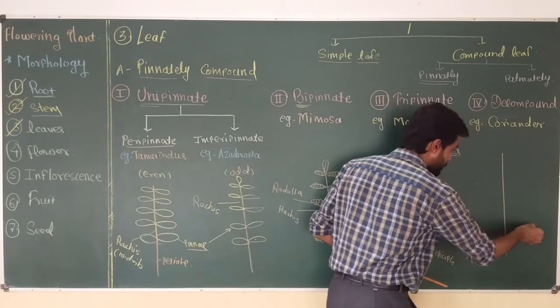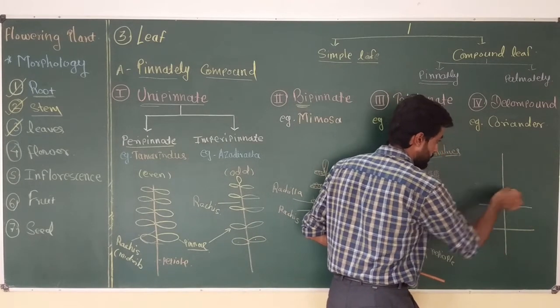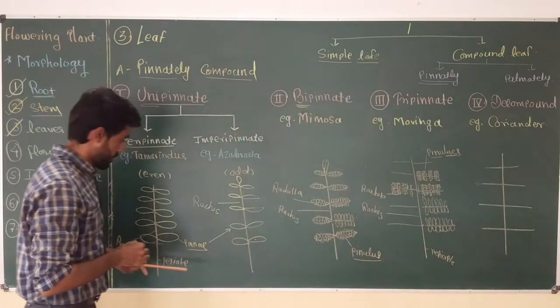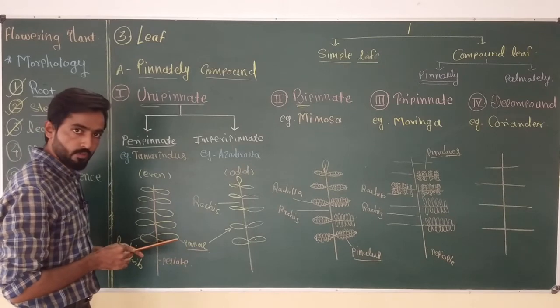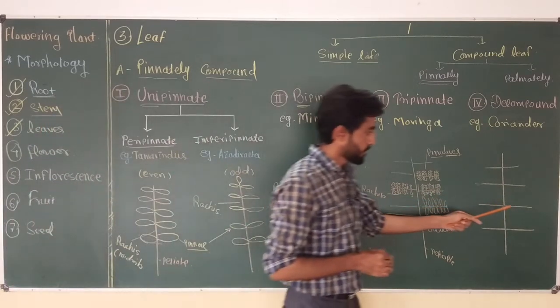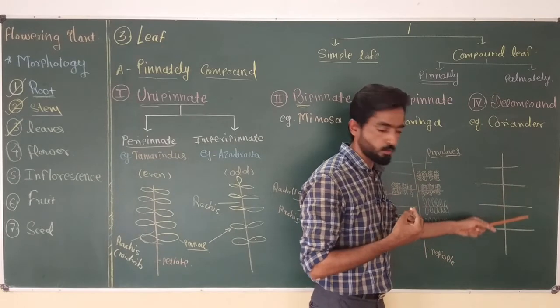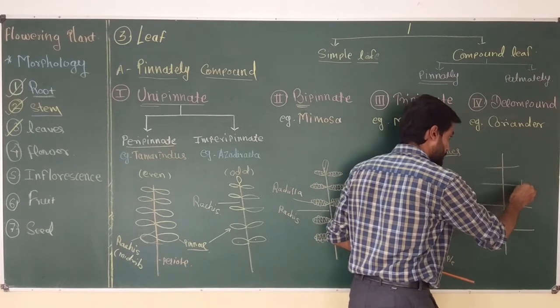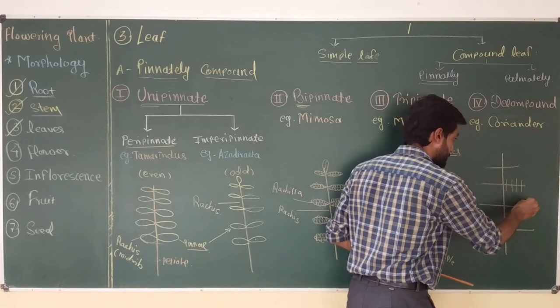Then the branches on the midrib, this, the branch which leads to the pinnae, the branch produced due to the first incision, then in this leaf the second incision produces this type of branches.